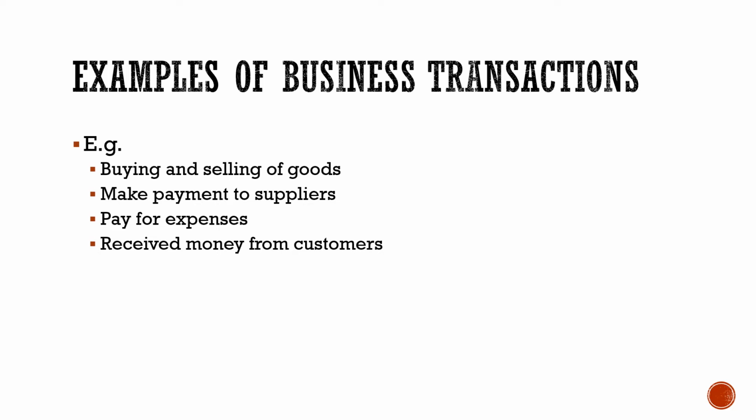Or maybe they can receive money from the customer, from the sales, and so on, okay? All these are what we call business transactions, okay? These are the activities that the business does in their running, on a daily basis, okay? And all these typically involve money. They have a monetary value to them.